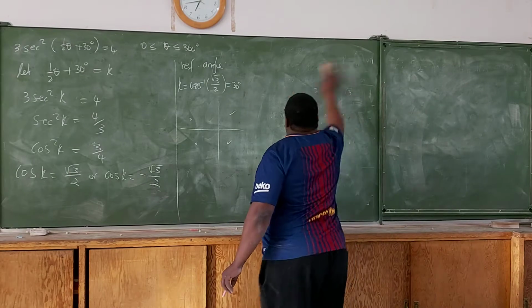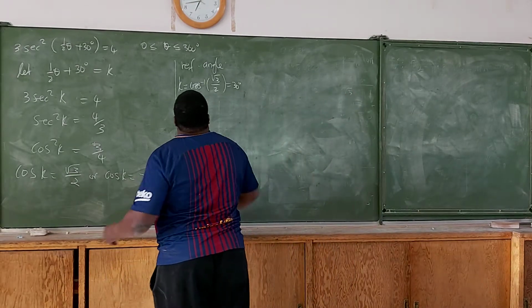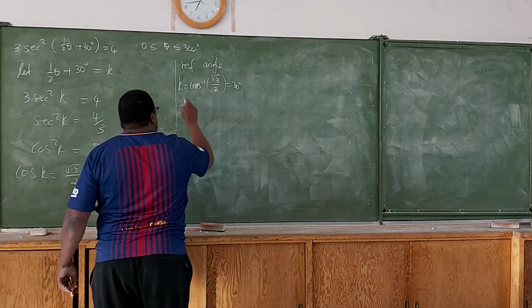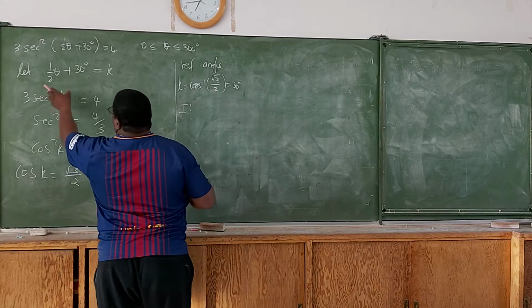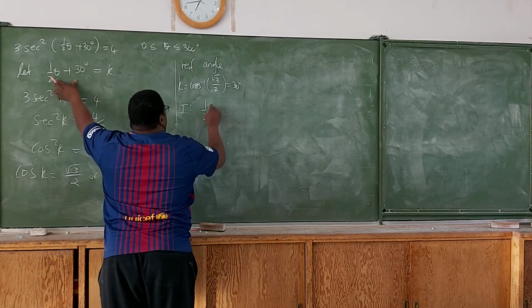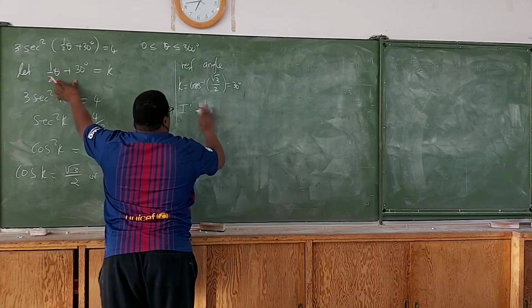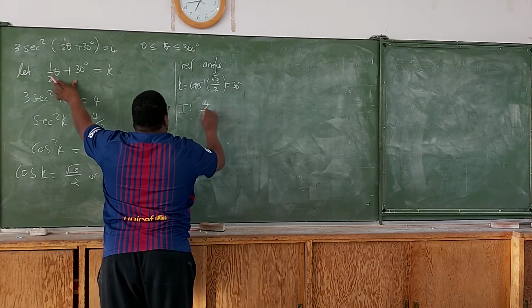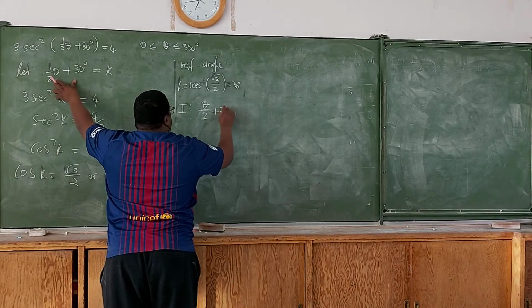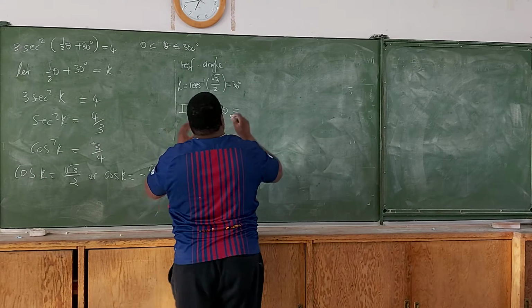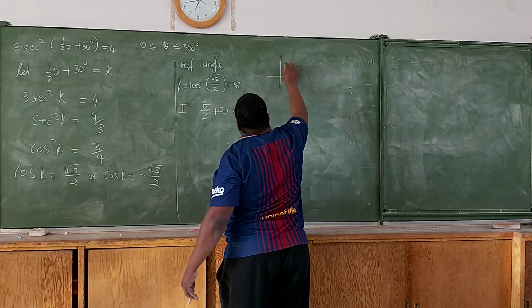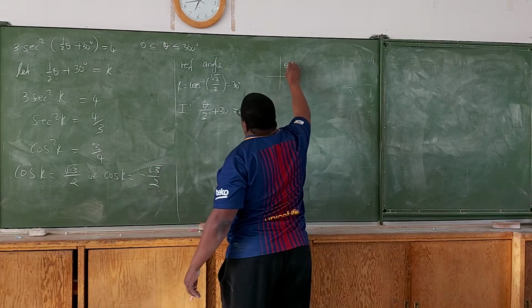So in the first quadrant, this business is half theta. Can I just go ahead and say theta over 2 plus 30 degrees equals, in the first quadrant, just theta? Okay?